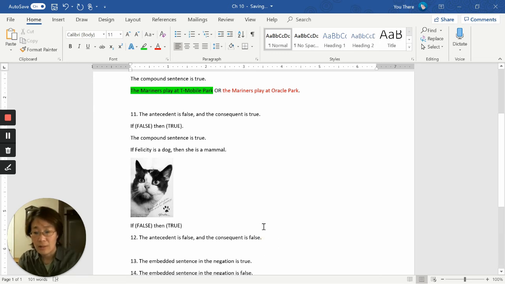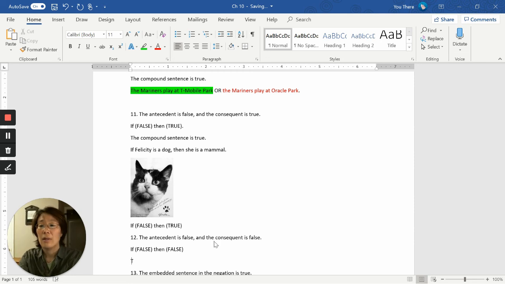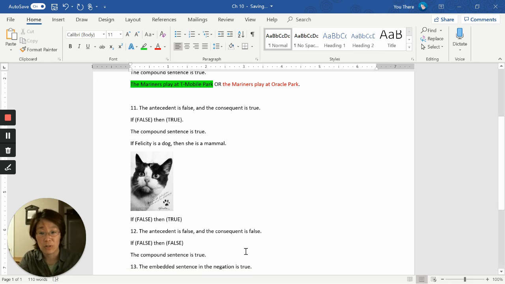Again, given that we're talking about antecedents and consequents, we know that we're talking about the conditional, and precisely we're talking about a false antecedent and a false consequent. The compound sentence is true, again, just following the definition of conditional.